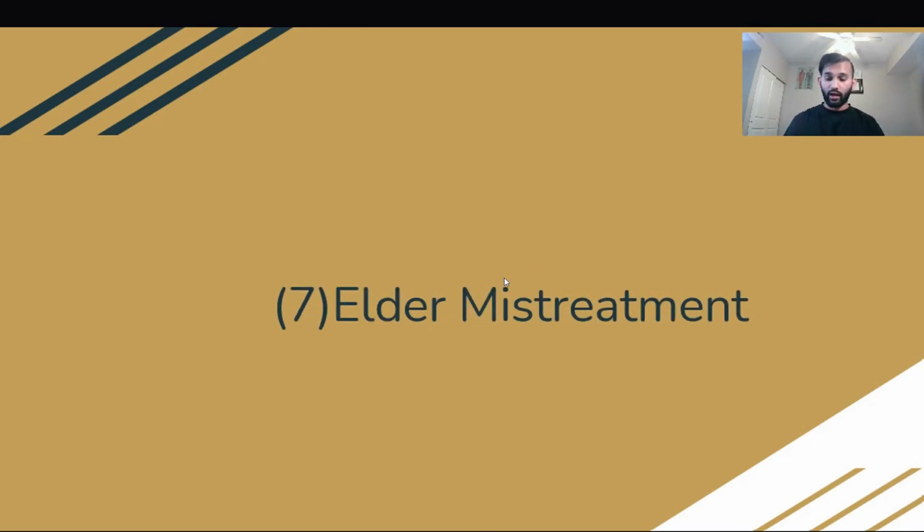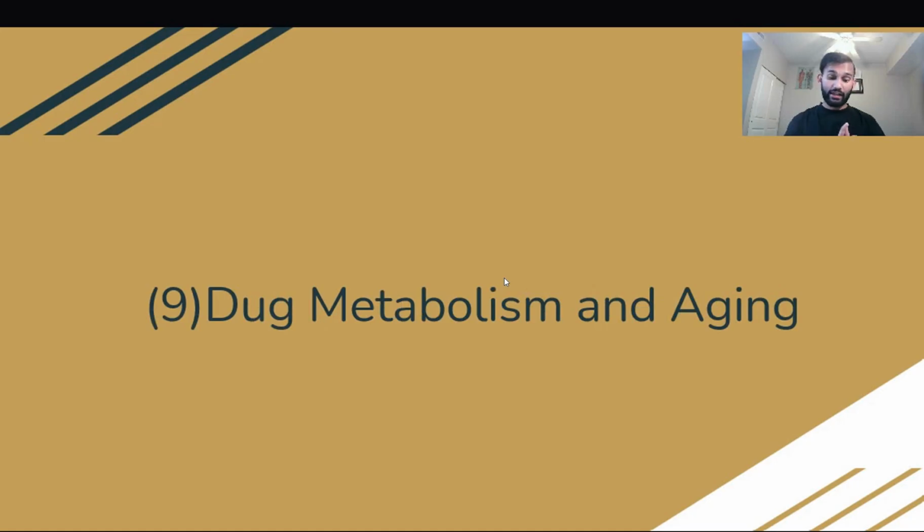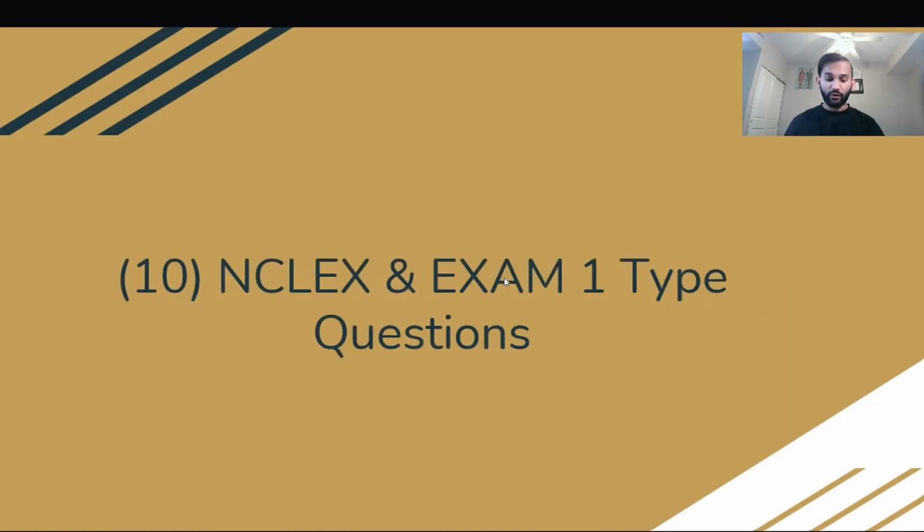Then we'll talk briefly about elder mistreatment, then Medicare versus Medicaid. And lastly, we'll talk about drug metabolism and ageism. That should say drug, that's my bad. Finally, we'll practice some NCLEX plus exam 1 type questions. Okay, without any delay, let's get started.